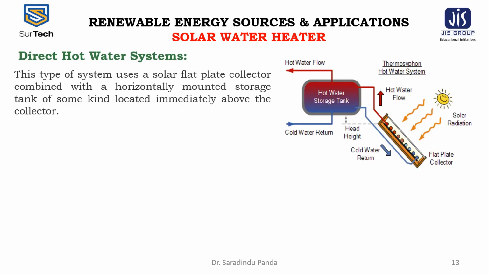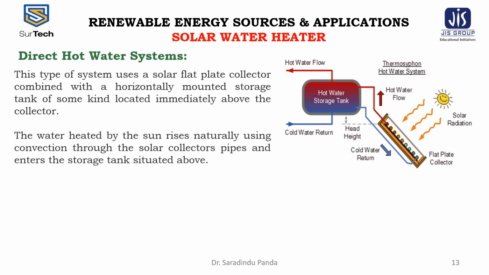Now this type of system, which is shown in the figure, is the solar flat plate collector combined with a horizontally mounted storage tank of some kind located immediately above the collector.